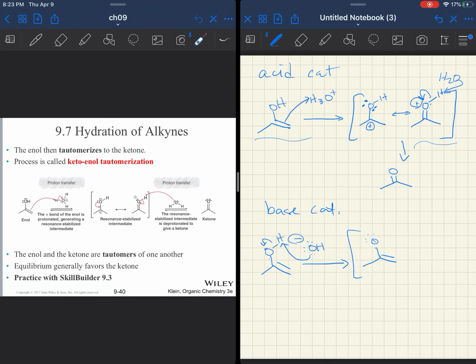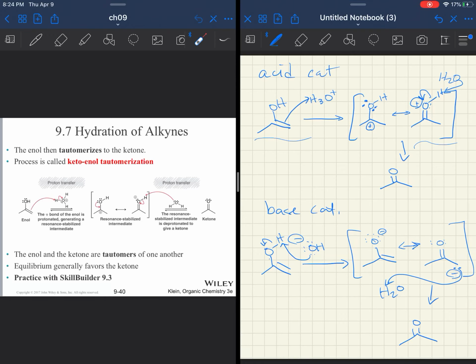Let me alter this a little bit to show the actual bond. Your base is going to deprotonate first, and since we're in base, instead of a plus charge, we're going to have a minus charge, but it's an allylic negative charge, so we do have a resonance structure here where our double bond is formed and our negative charge is shared on that carbon.